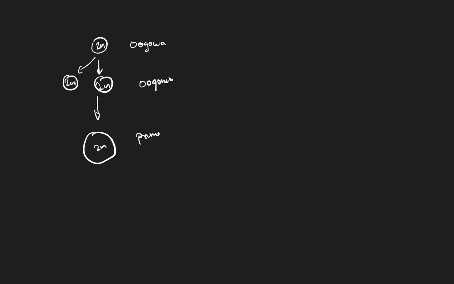Oogenesis. When you talk about oogenesis, it also happens through mitosis and it produces oogonia, and then primary oocyte, this is the bigger one. This is the oogenesis process.